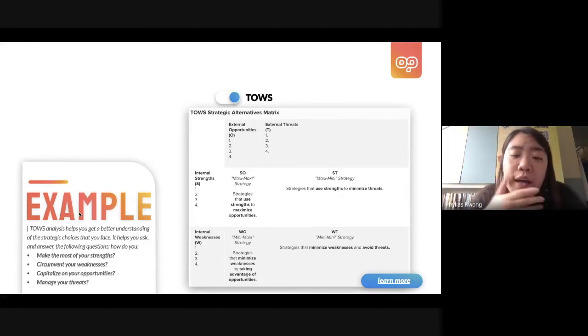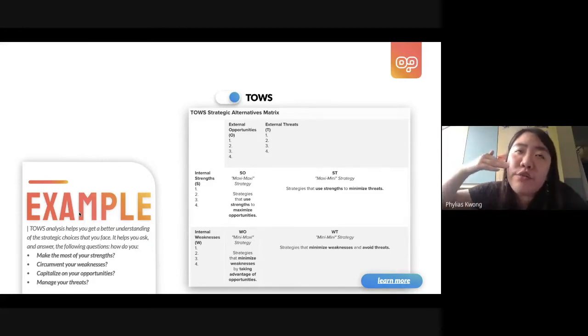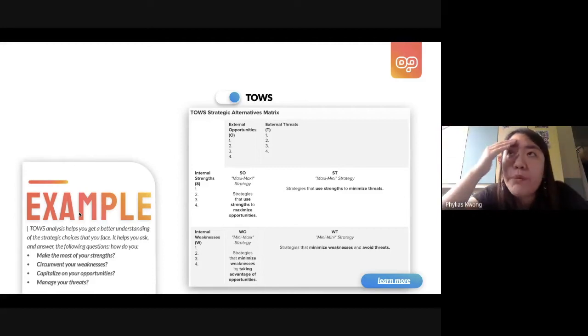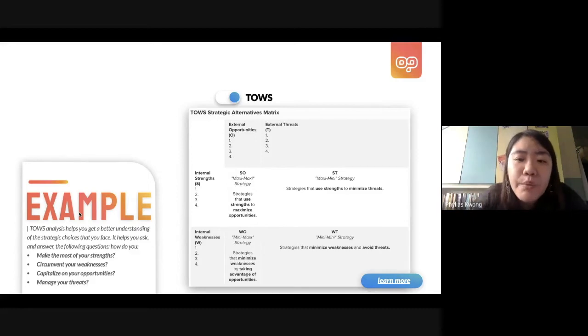Internally, you can see what are the good resources and what are the not that good resources, and externally, what kind of resources you can leverage, or what bad resources may potentially harm you. So with all this, we're going to create strategy, mixing the resources together to see how we can make a strategy to level up our current operation.